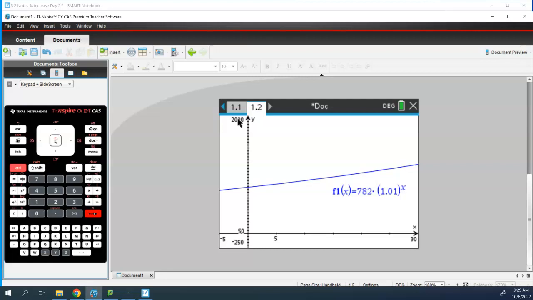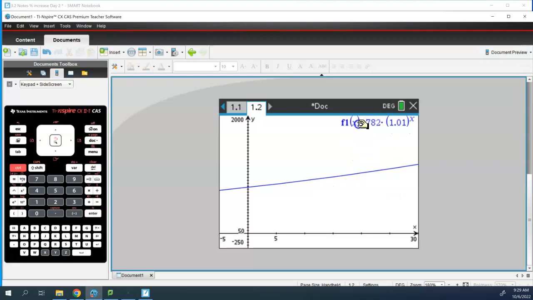That look better? I like that. That looks a little bit better. Okay. So now we've got that going on.